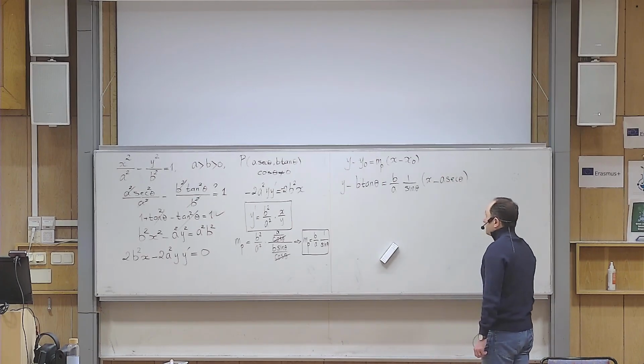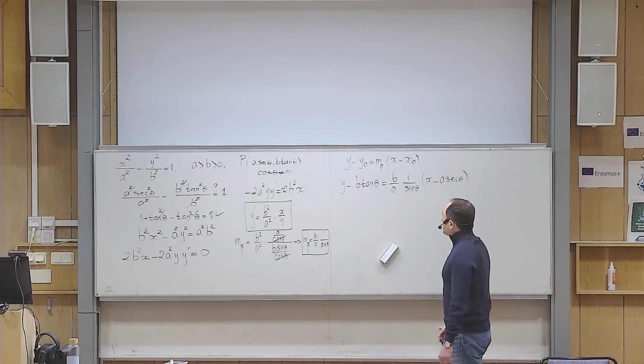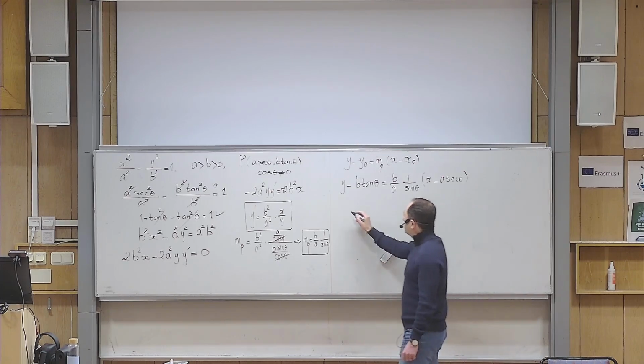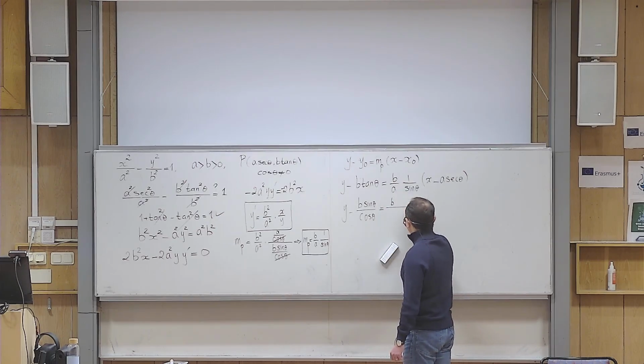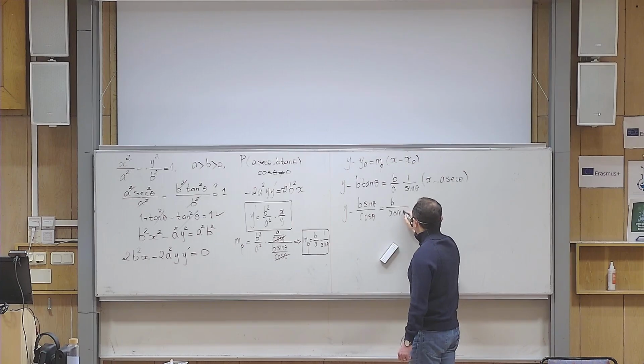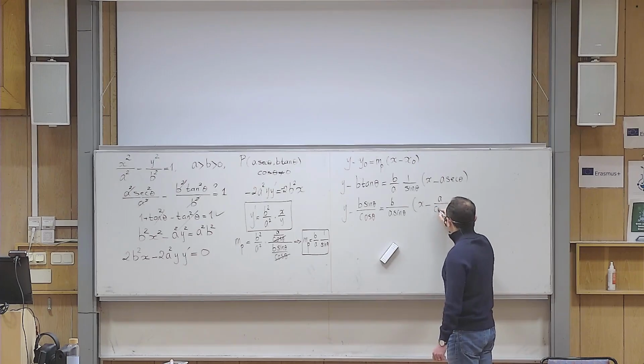As I usually told you, I want to get rid of all fractions, so let me write it in this form: b y minus b sine theta cosine theta, and on the right hand side I have b over a sine theta, and this is x minus a over cosine theta.